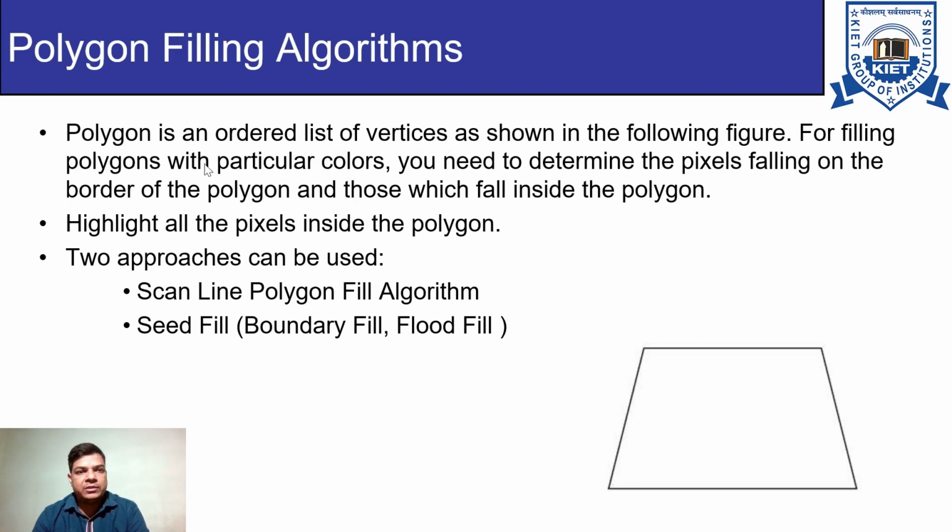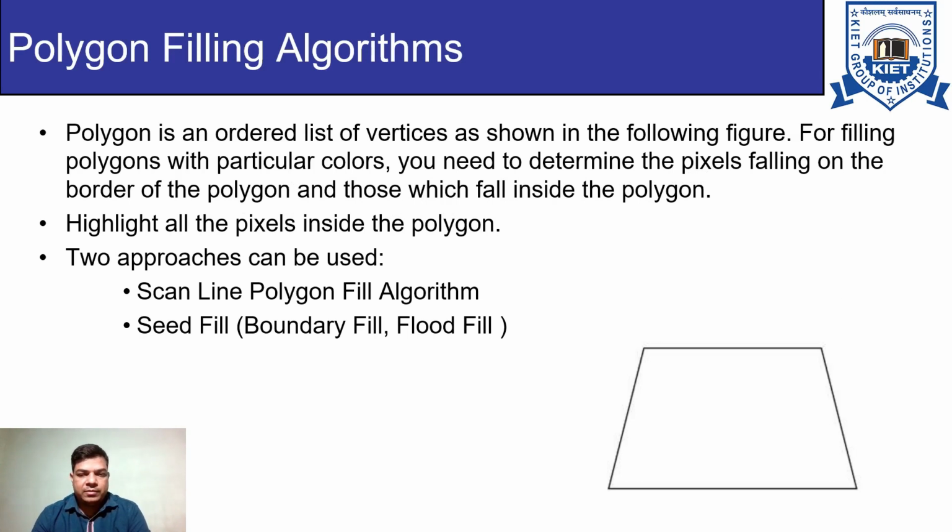For filling polygons with particular colors, you need to determine the pixels falling on the border of the polygon and those which fall inside the polygon.